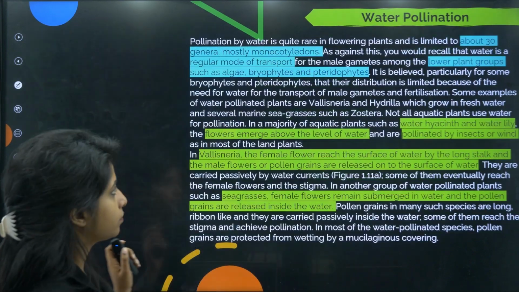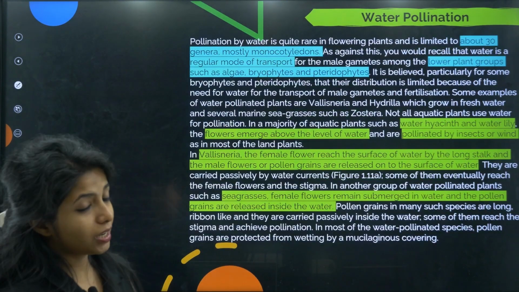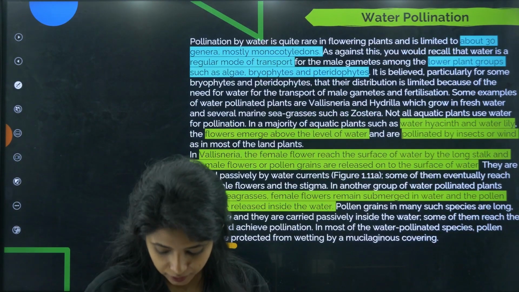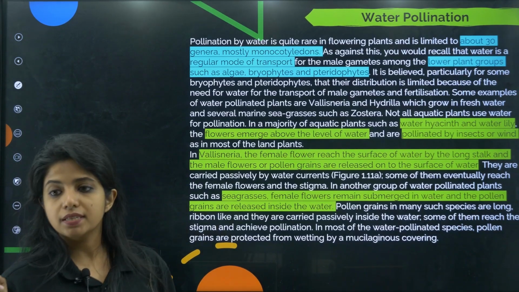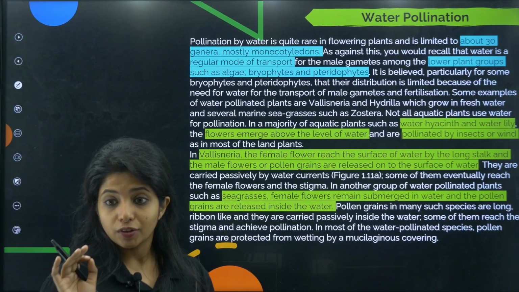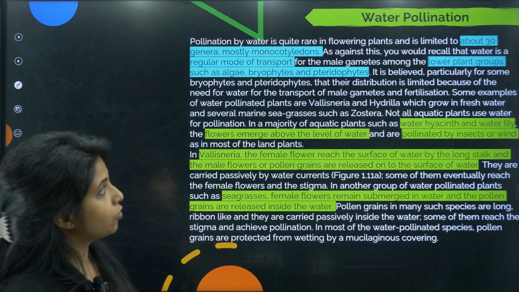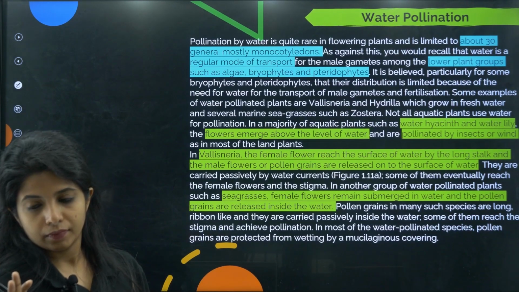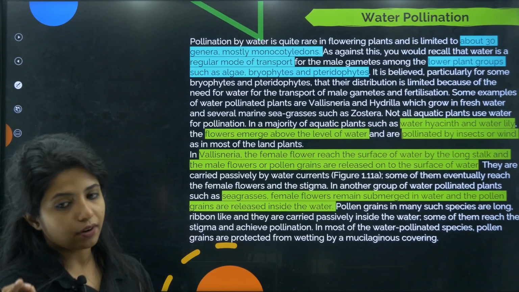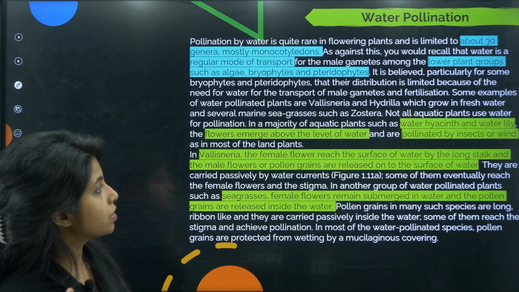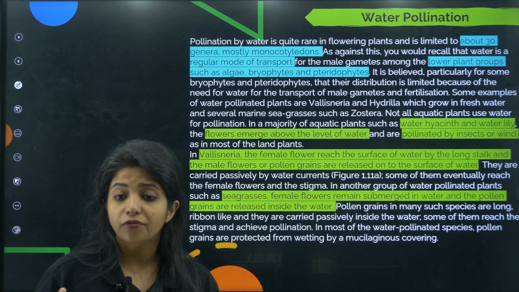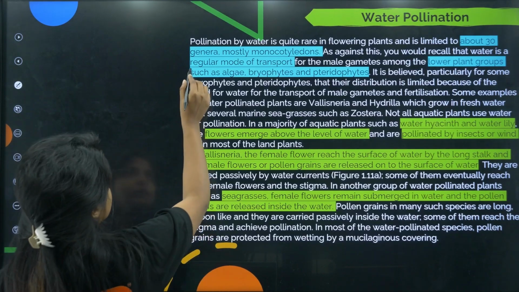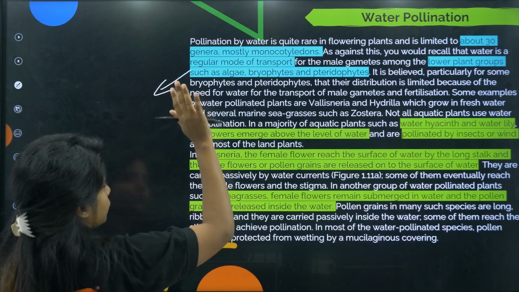Don't worry. Now, water pollination as a whole is very much important. I have read it out when we were talking about that. But still, about 30 genera, mostly monocotyledons, do this. Now, for some others, for example, lower plant groups such as algae, bryophytes and pteridophytes, which I have written over here, this is a regular thing.